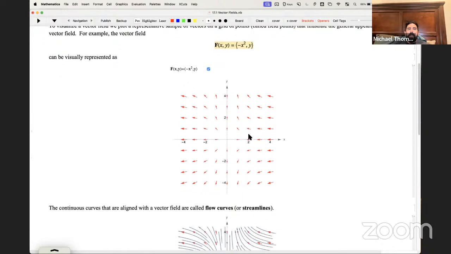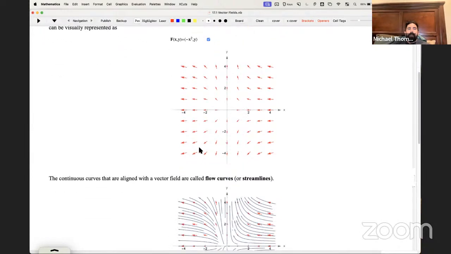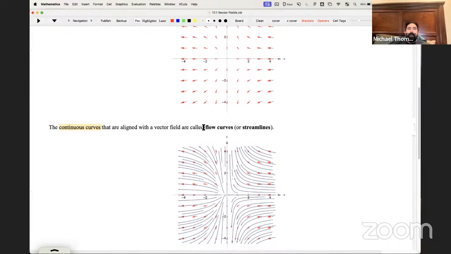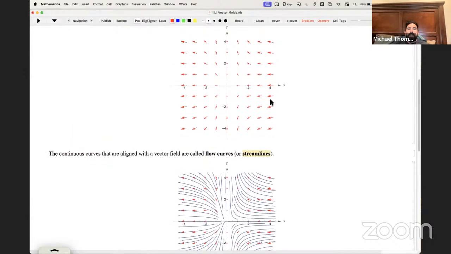Okay. Now, if you take some continuous curves and you kind of align them with the vector field, we call these flow curves or streamlines. So what I did here is I took the original vector field and I just started at a point and I just drew a curve and kind of followed the direction in which the arrows are telling us to move.